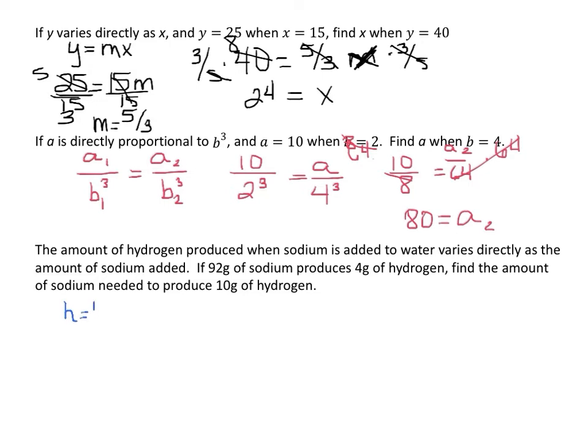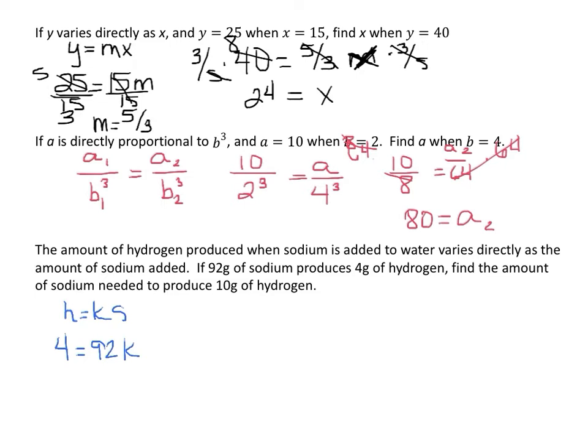Knowing it varies directly, I have to give it some constant, and now I've got the amount of sodium added. If 92 grams of sodium produces 4 grams of hydrogen, all right, so 4 grams of hydrogen, 92 grams of sodium times the constant, we need to find the amount of sodium needed to produce 10 grams of hydrogen.